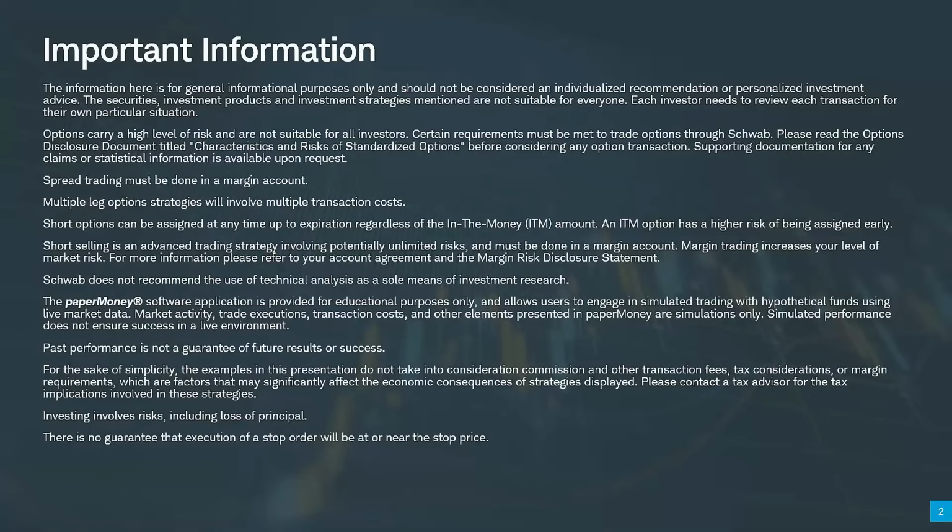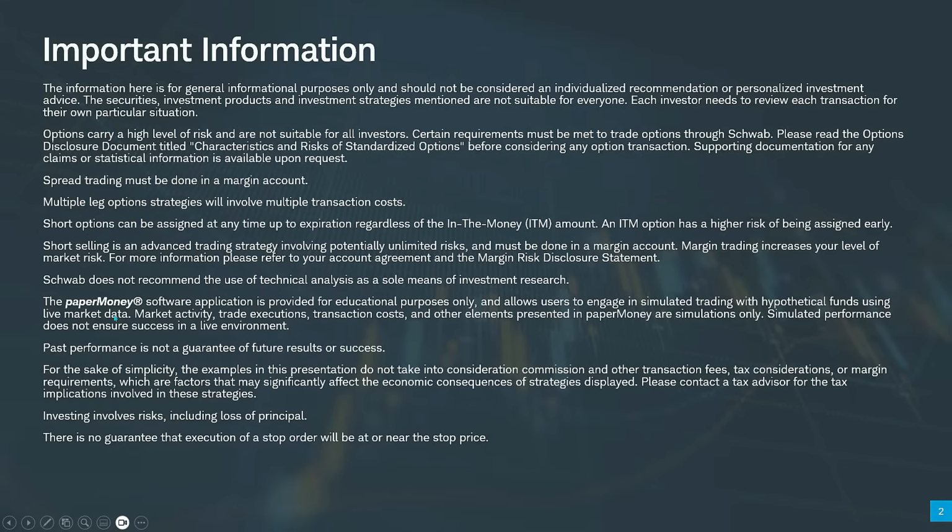Now, remember with what we discussed, the information here is provided for general informational purposes only. Also want to give a quick reminder that options carry a high level of risk and are not suitable for all investors. When we talk about multi-leg option strategies, those can involve multiple transaction costs like buying the option, selling the option, etc. So be aware of that. Short options can be assigned at any time. That's applicable to this strategy because we're selling a put.